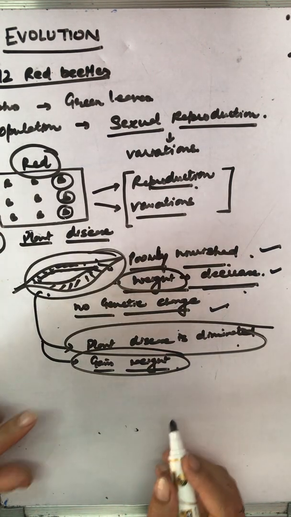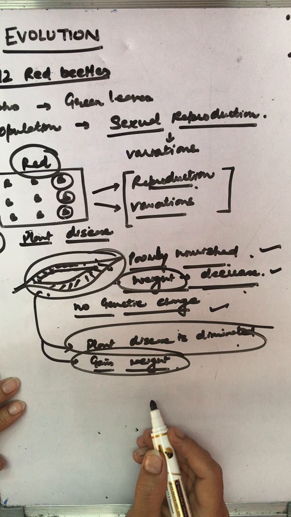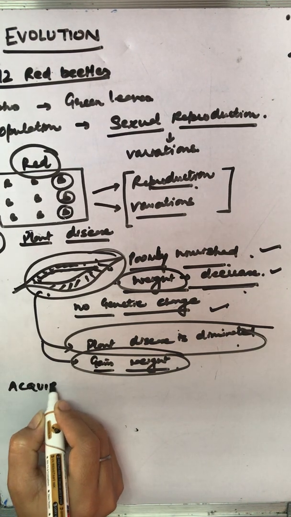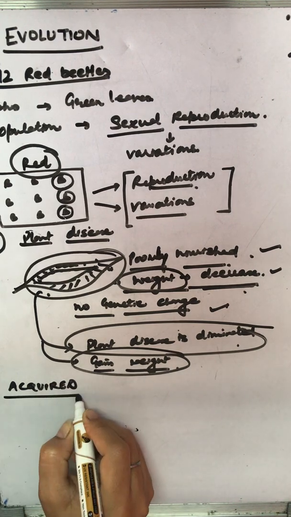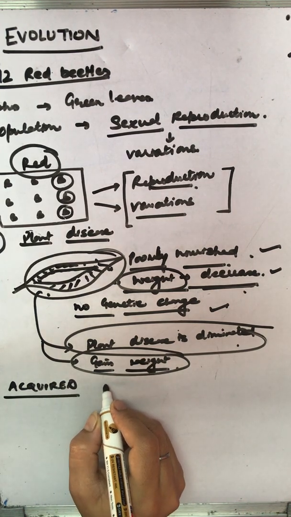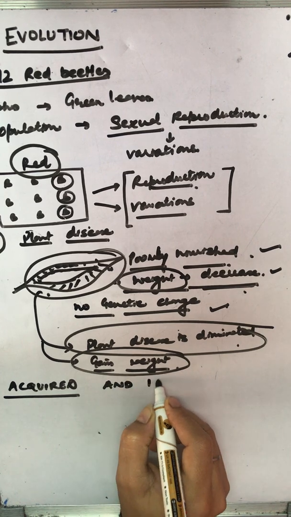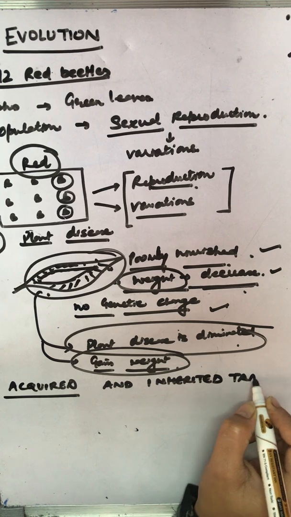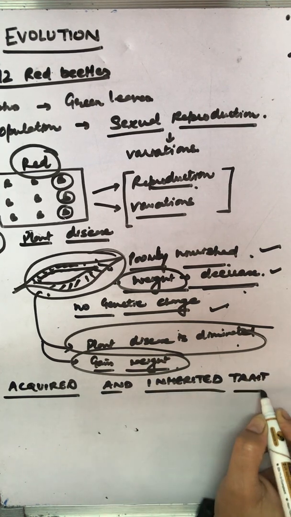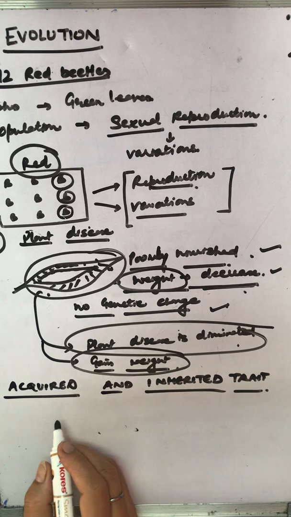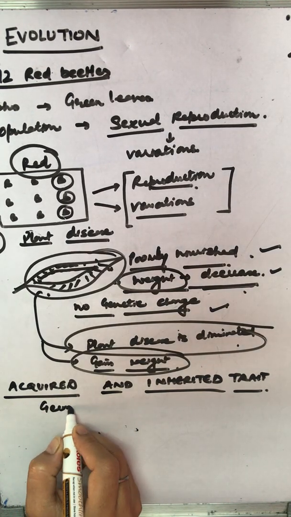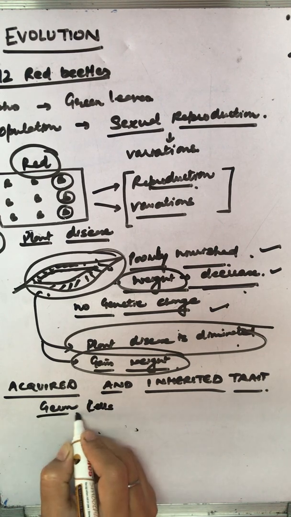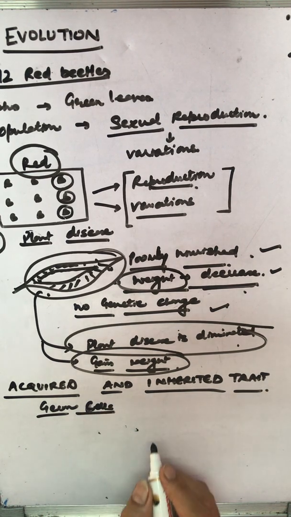Fine. So this leads us towards the second concept of our topic, that is acquired and inherited trait. We have heard a lot, but what is the basic difference between acquired and inherited trait? Here we say that germ cells play an important role. We are quite clear about the germ cells.